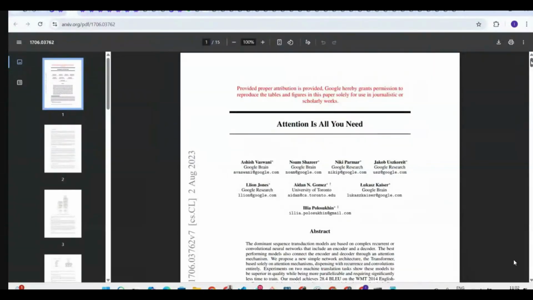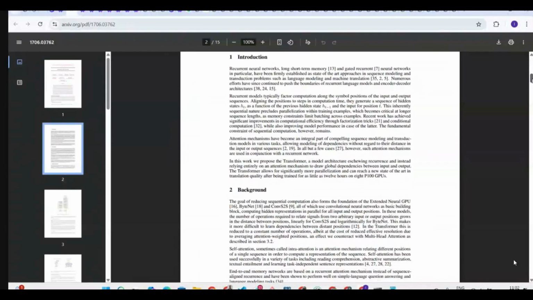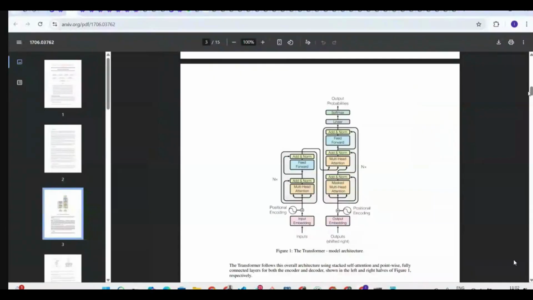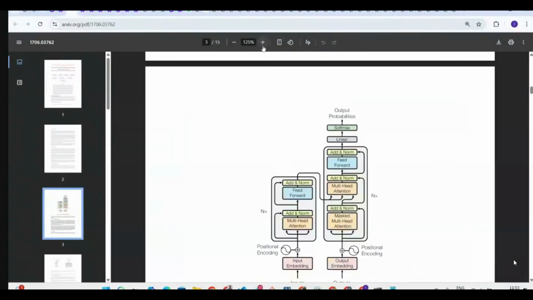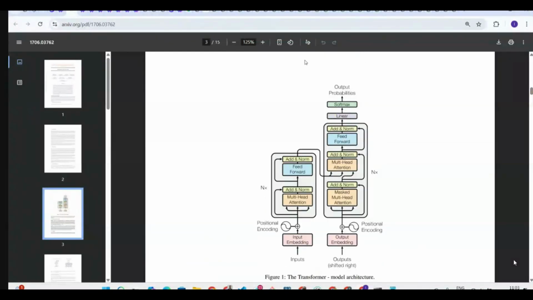Have we seen this before? Developers, have we seen this before? Yes, I mentioned it, right? It's okay if you go through it. This is the correct architecture, straight from the people who created it. So this is what they created, and every other thing we see is just a variant. So this is the correct thing.